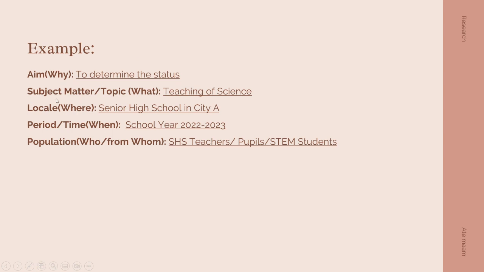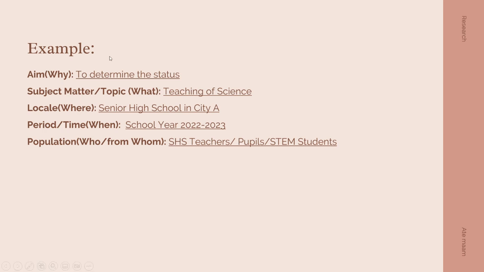Next is the subject matter or topic, which is the what of your research problem. An example is teaching of science. So this is the subject or the topic that you want to focus on. However, it doesn't mean that it is a literal subject in your school, like science. So it could be anything, or what is the thing that you want to focus on in your study.